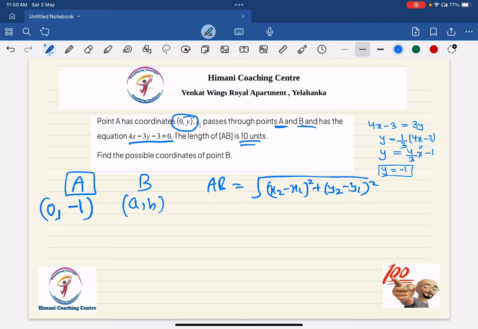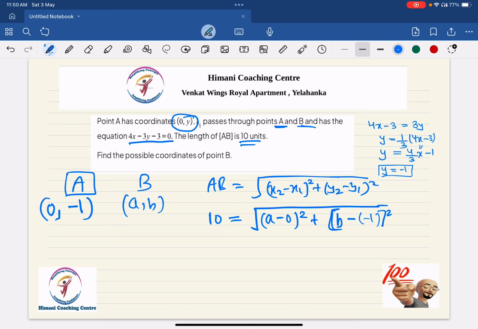Now the distance AB is 10. So we write 10 equals root of (a minus 0) square plus (b minus minus 1) square.